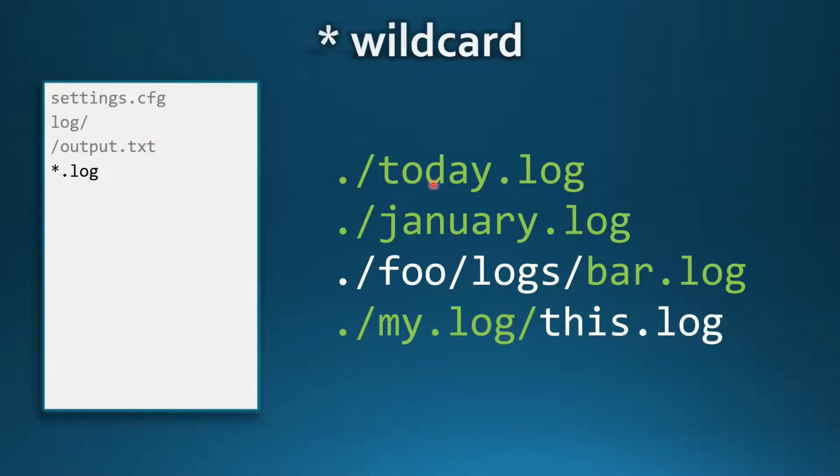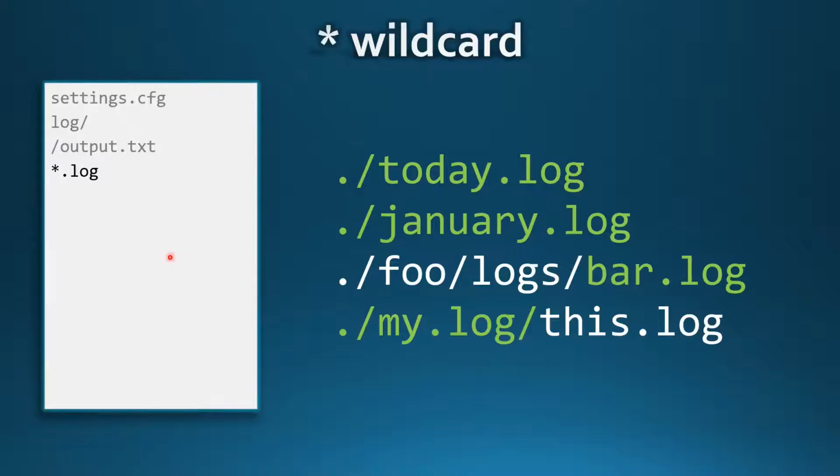So *.log will ignore all files that end with .log in all directories. today.log will get ignored because it ends in .log, same as january.log. The part that precedes the .log is the wildcard part. Note that bar.log in a nested directory gets ignored. And of course, because directories can have dots in them as well, if you have a directory called my.log, everything within that will get ignored.